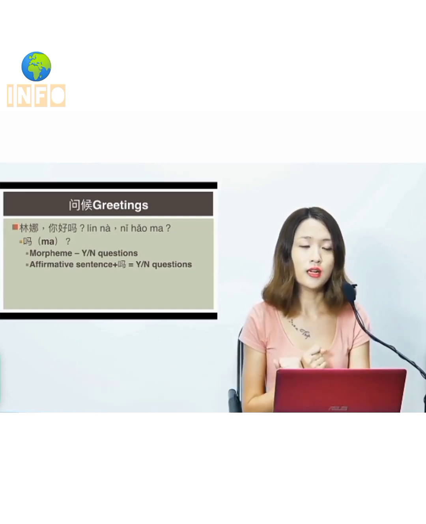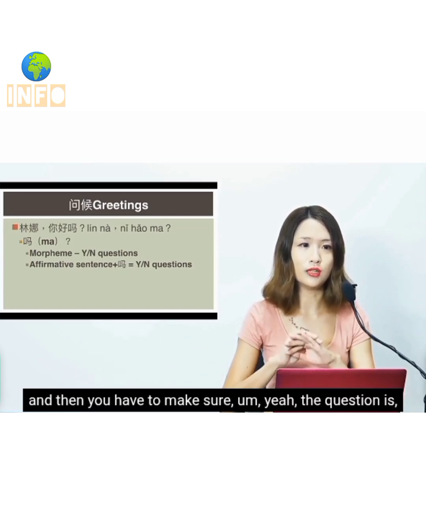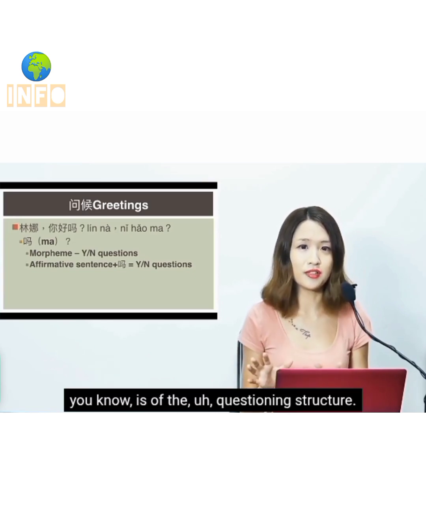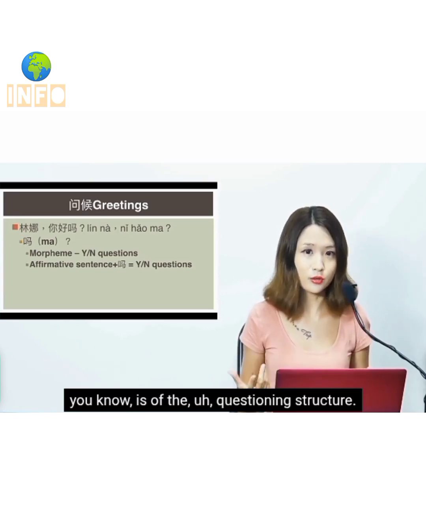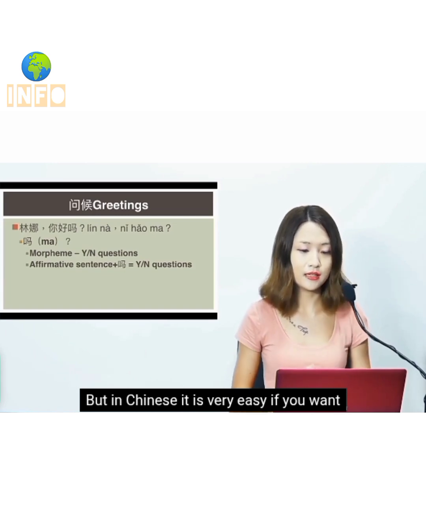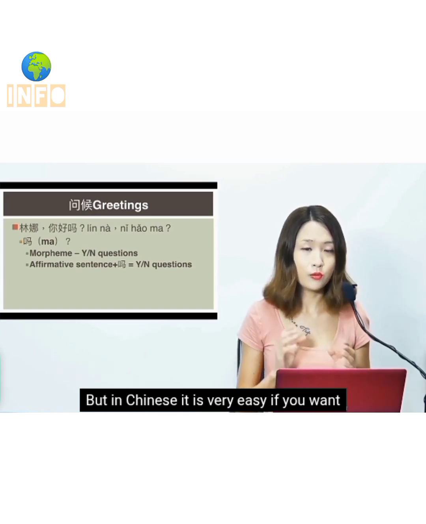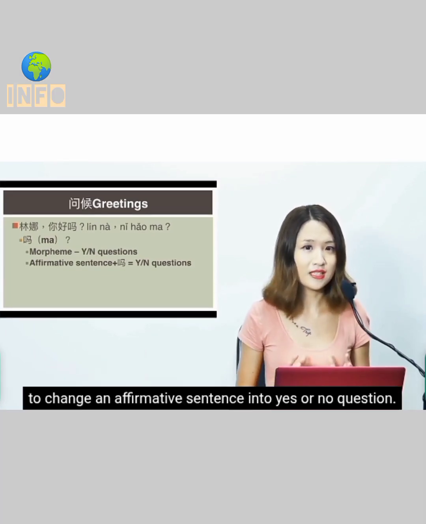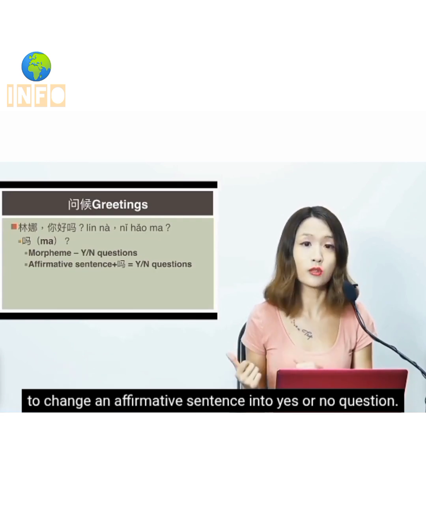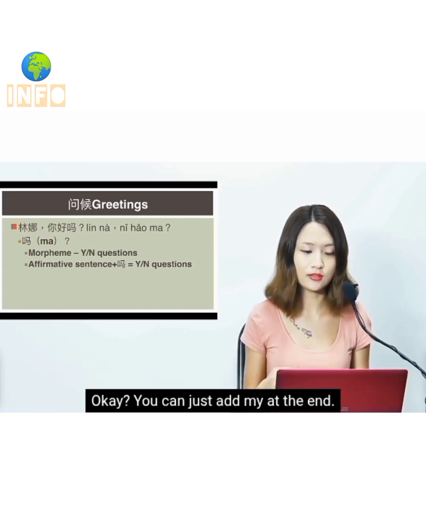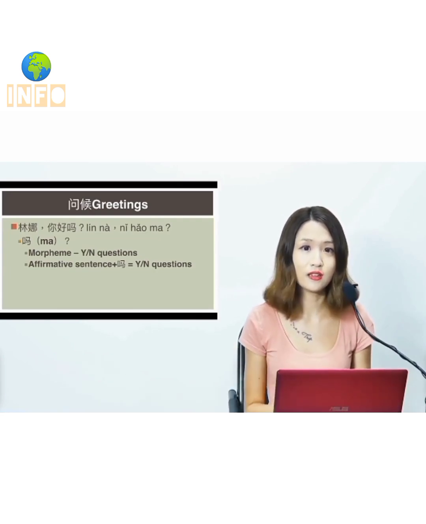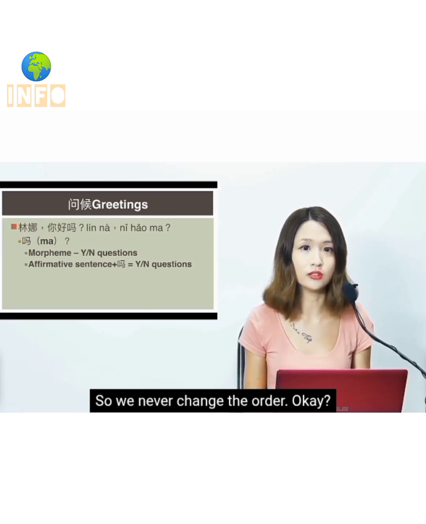So you have to switch the order, and then you have to make sure the question is of the questioning structure. But in Chinese, it is very easy. If you want to change an affirmative sentence into yes or no question, you can just add ma at the end. So we never change the order.